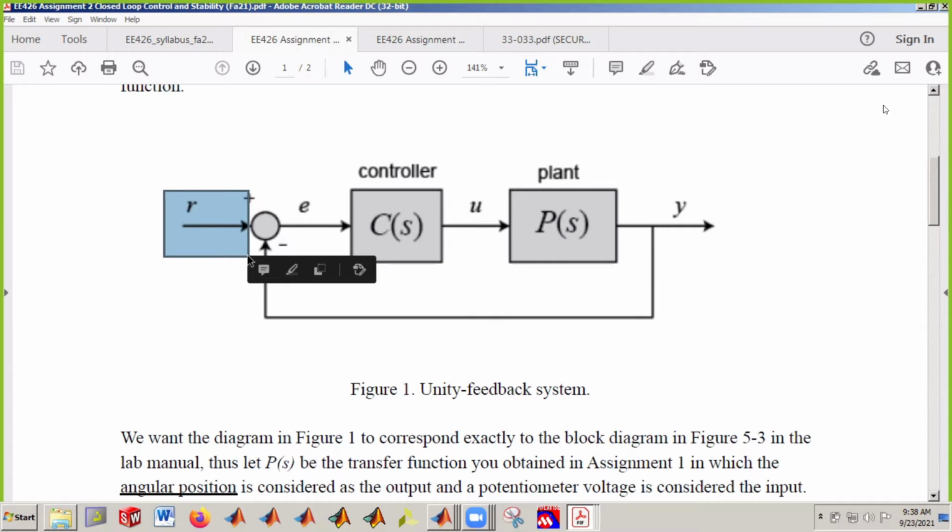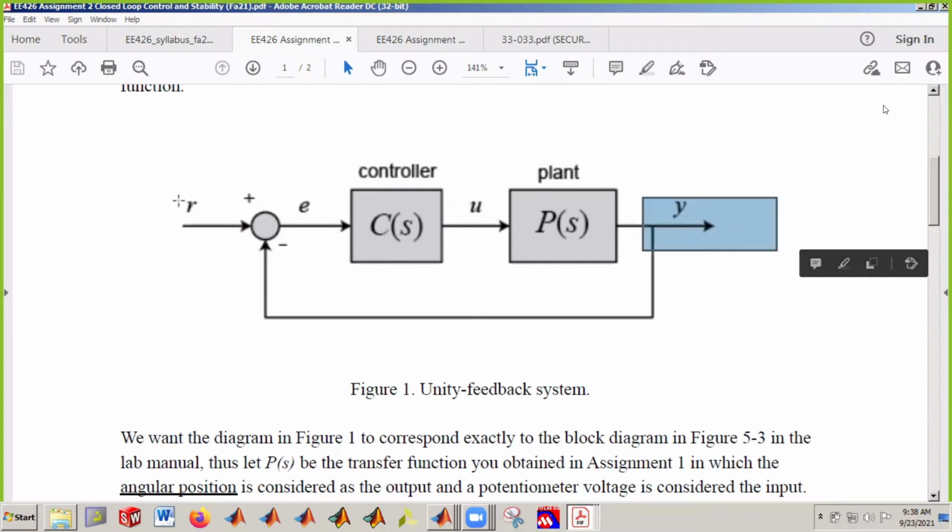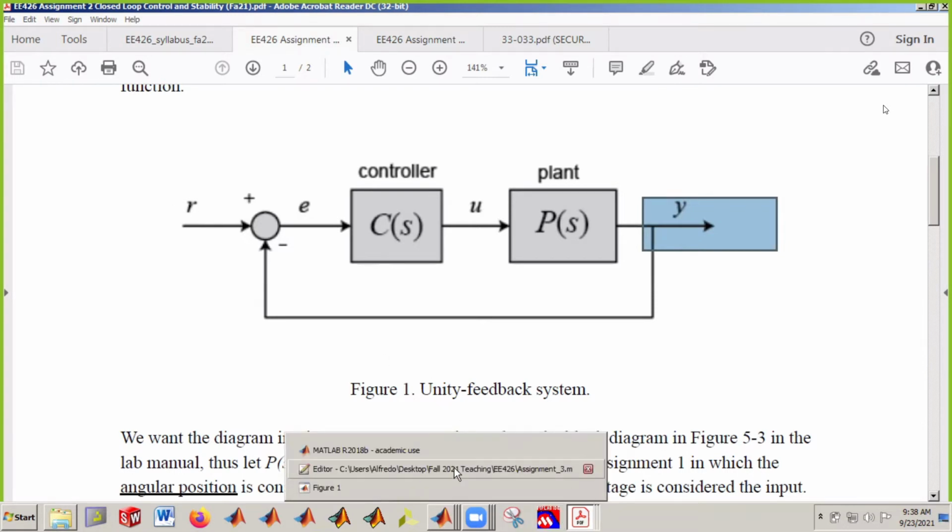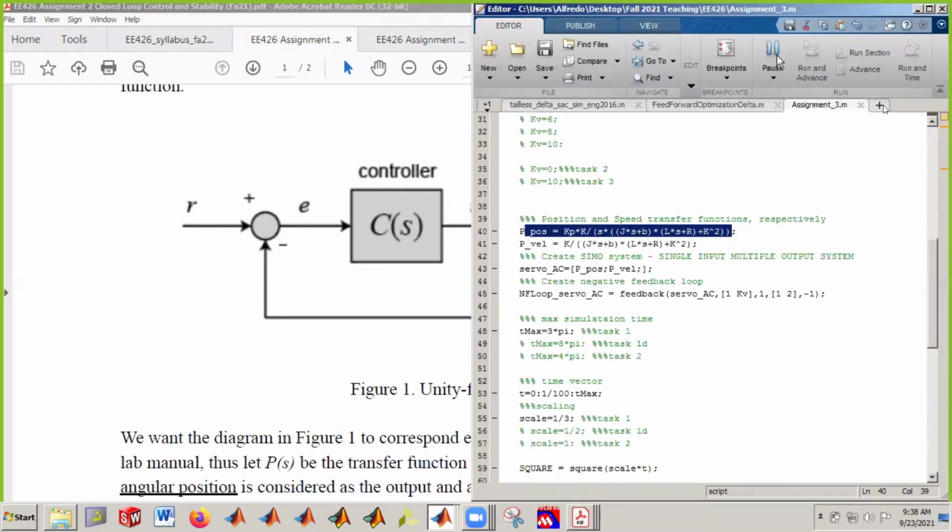So this input, the step or the square wave, corresponds to a specific angular position that you want to reach, or the desired position. We close this loop so that the output is as close as possible to the desired position, which is the input. So if you look at something like this, as you saw before, let me run my code here.